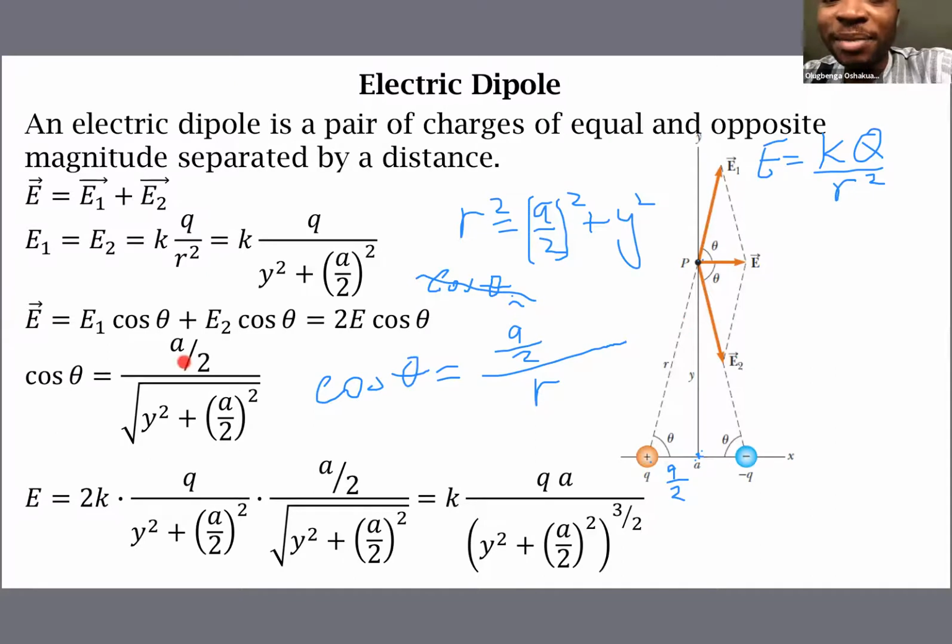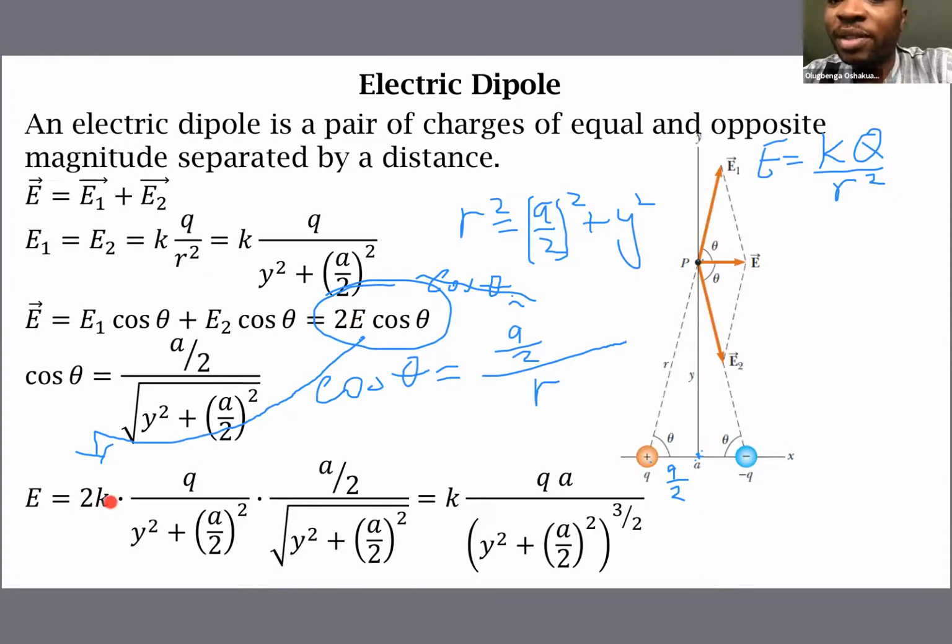Then coming here, we can now talk about this particular expression, which is brought in here directly. The 2 we have here is right here, and E, which we've defined to be KQ over R squared.